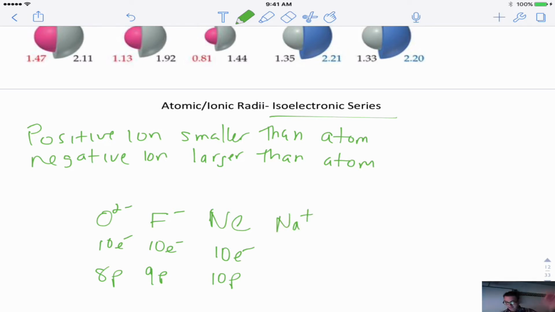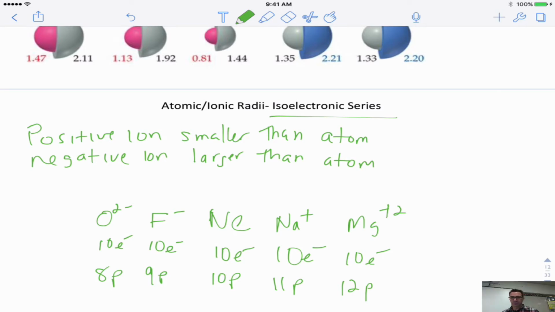Na plus would be 10 electrons and 11 protons. And magnesium 2 plus, that one would be 10 electrons and 12 protons. So you can see all of these species have the same number of electrons, which makes them isoelectronic.